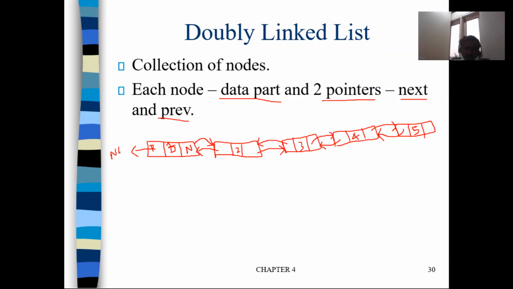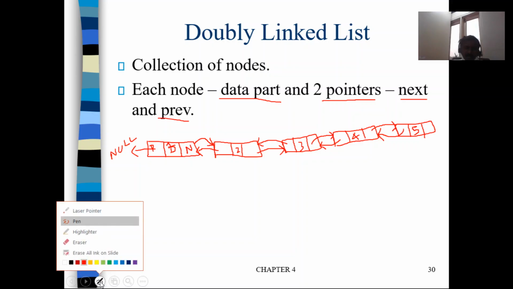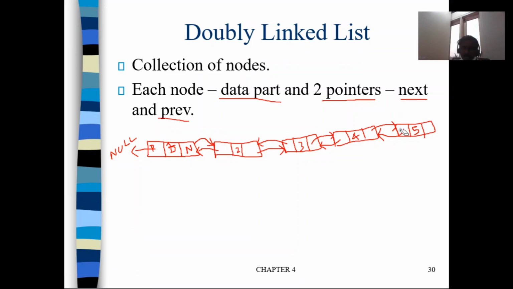Similarly, where will the next pointer of node 5 point? Node 5 does not have any next node, because node 5 is the last node. So node 5's next pointer will point to null.